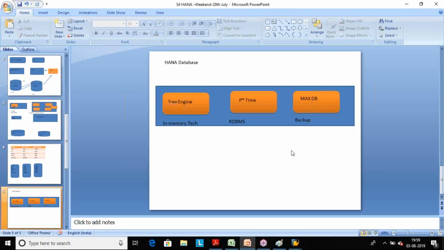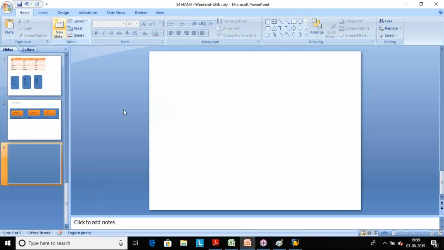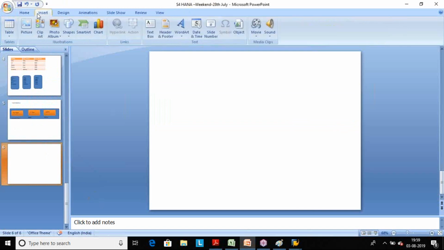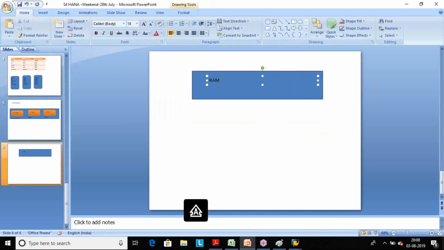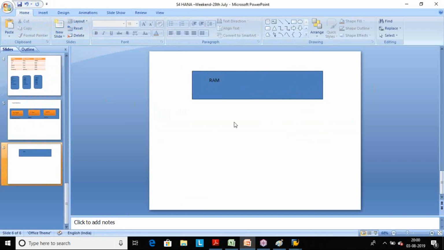That means if you check the HANA platform, it is completely based on RAM. So this one is your memory, and memory means nothing but RAM. And we are saying that there will be an auto recovery process when there is a power interruption.